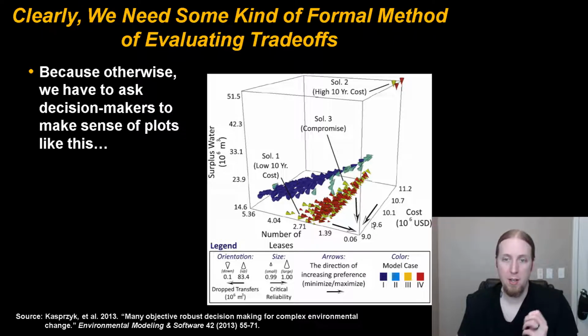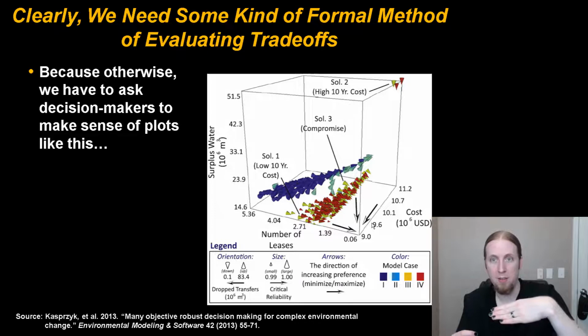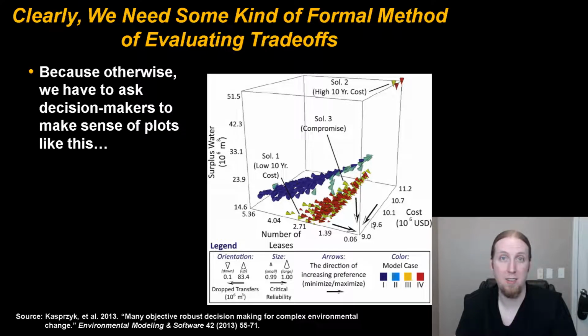We have these cones that have a particular size, indicating a fourth metric, an orientation, whether it's turned up or down or to the side, representing a fifth metric, and then we have the color, which also specifies a sixth value. So here we have something that is really complicated, and decision makers, if you give them this plot, they're going to kick you out of the room.